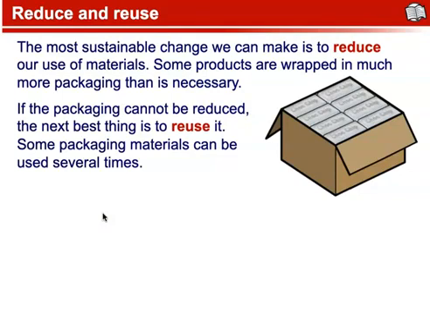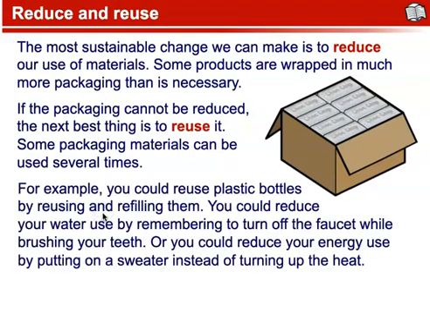Some packaging materials can be used several times. For example, you could reuse plastic bottles by refilling them. You could reduce your water use by remembering to turn off the faucet while brushing your teeth. Or you could reduce your energy use by putting on a sweater instead of turning up the heat.